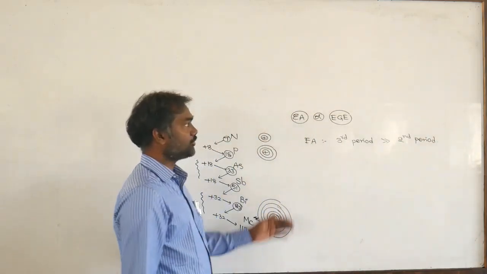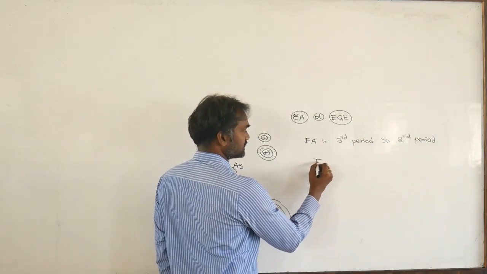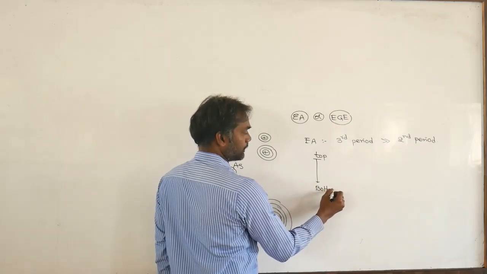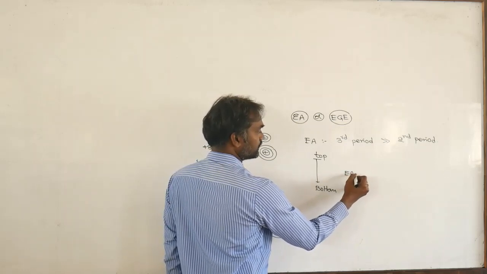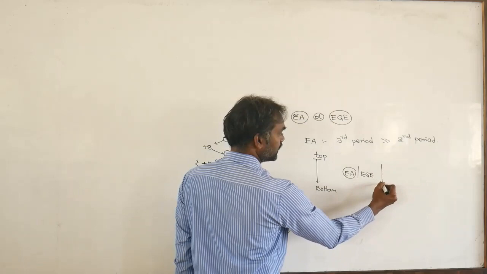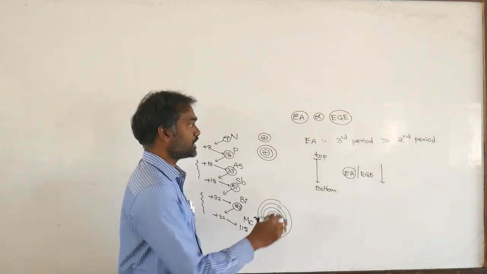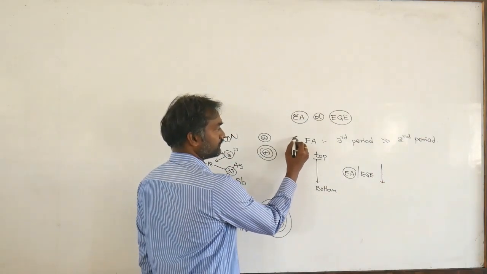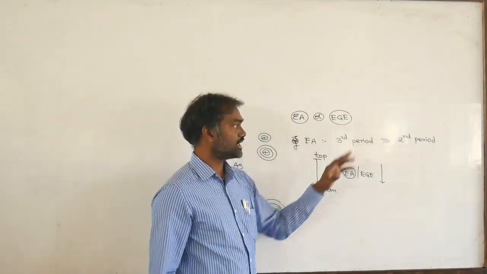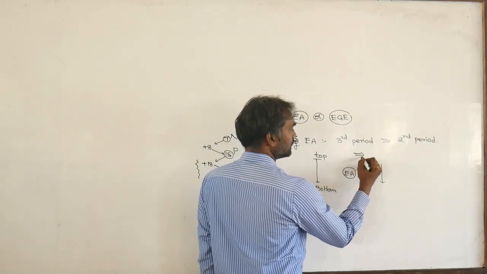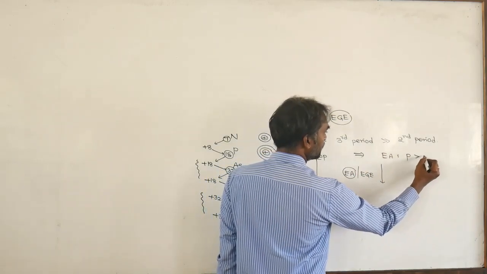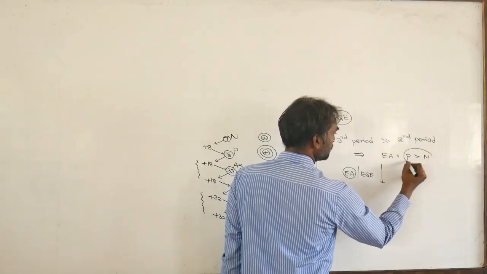Generally top to bottom electron affinity gradually decreases. But you must remember the electron affinity of the third period element is highest compared to the second period. So the electron affinity of phosphorus is greater than nitrogen.